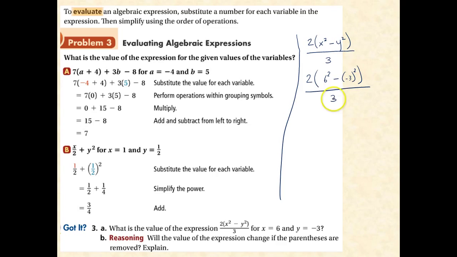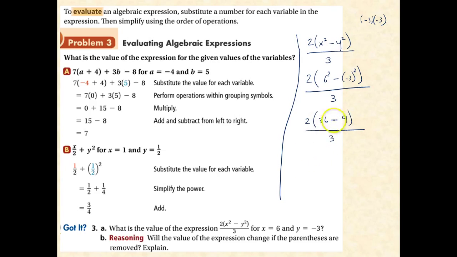all divided by 3. Now I need to do inside the parentheses first, but inside the parentheses I got exponents, so I'm going to have to do those. 6 squared is 36, and then negative 3 squared is negative 3 times negative 3, which is positive 9, over 3.